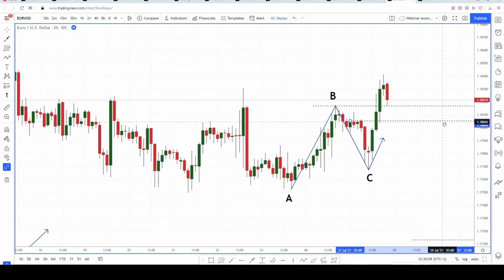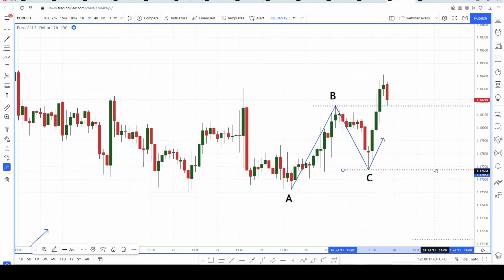And then on the downside, now that the market has broken above the point B, we have further confirmation that yes, this is actually the point C, and now the market is trading above a potential support level.